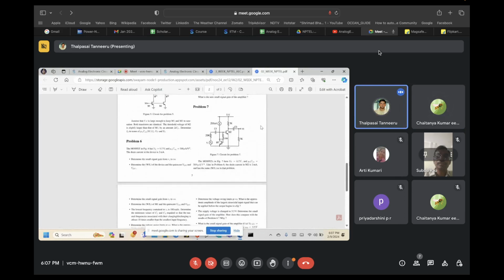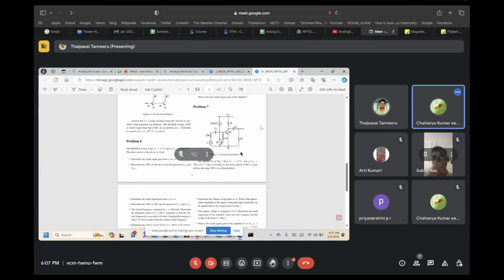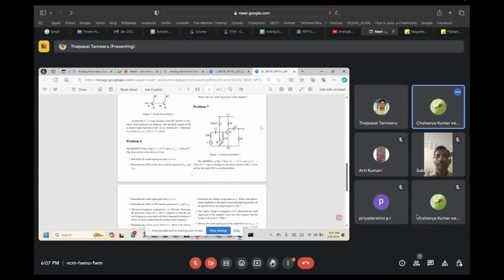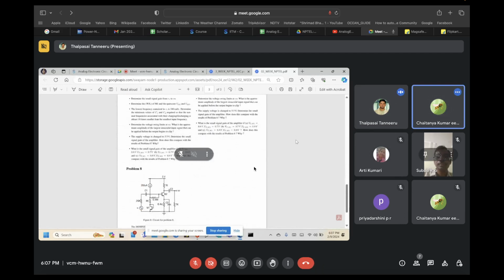Wait a second. Now zoom into the circuit of problem number 8.